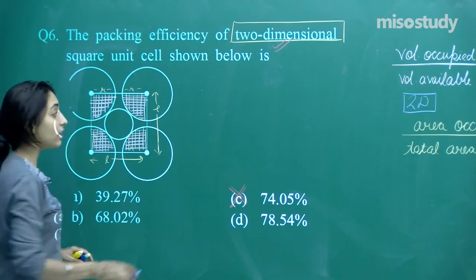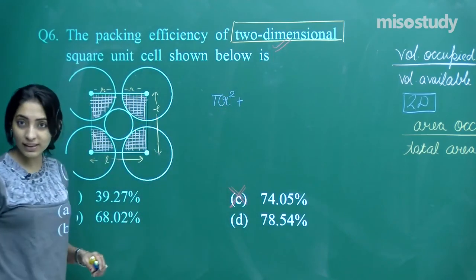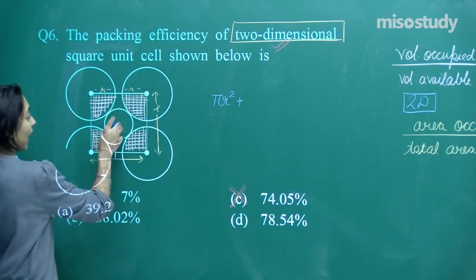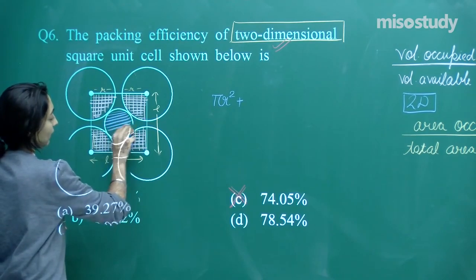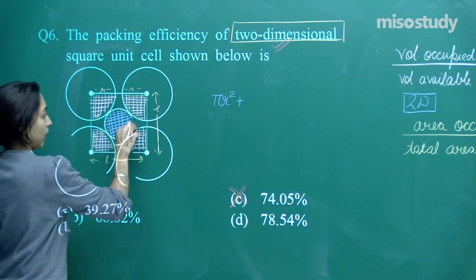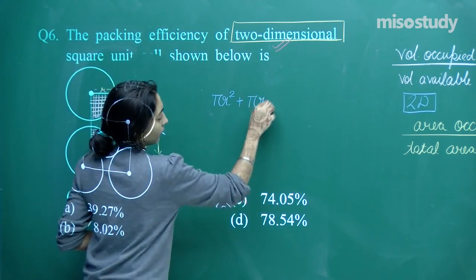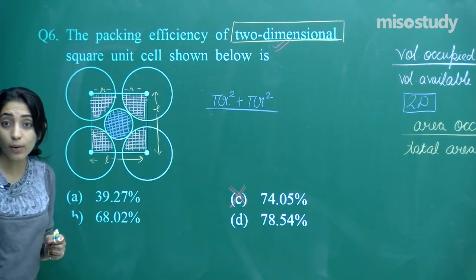And the area of a circle is what? Pi r square, because r is the radius of the circle. Also, there is another area occupied which is itself a circle of the same radius r, plus pi r square. So this is the area occupied.